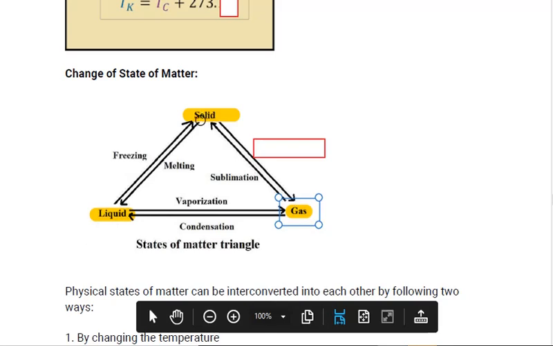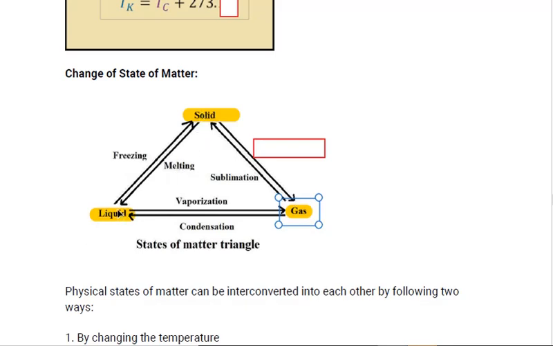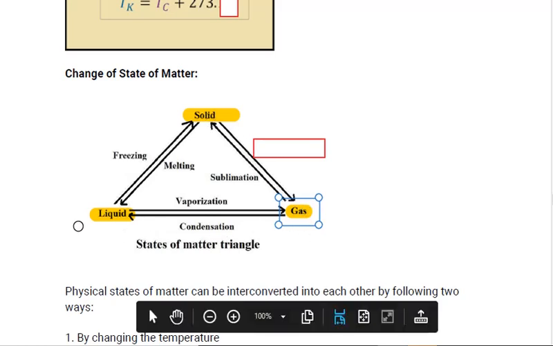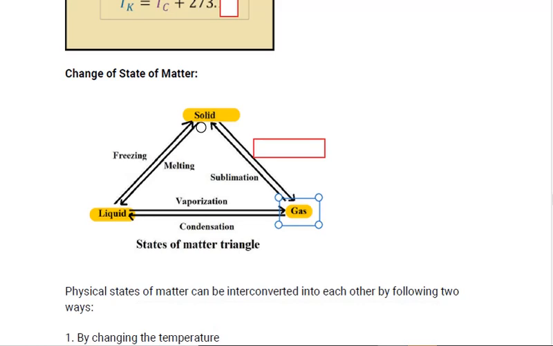Solid by heating melts and changes into liquid, liquid by heating changes into vapor and turns into gas, and gas by sublimation directly changes into solid, or gas by condensation changes into liquid, and liquid by freezing changes into solid. For example, always water we use.